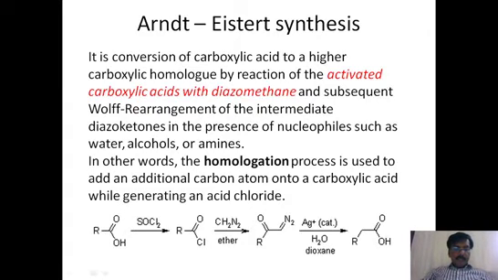And by this RCOCl is formed. To this we add diazomethane, CH2N2, in ether. Diazo means two nitrogens, methane is CH2. When this is added, it is added to the carbonyl carbon, so the chloride is removed.